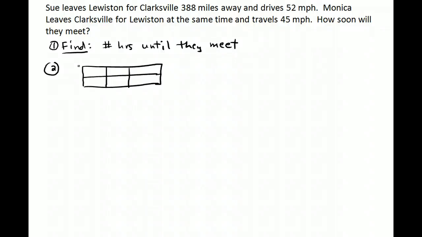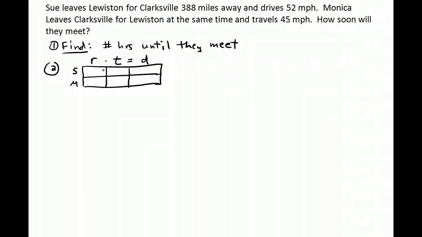Now, step 2 is going to look different than it has for other problems. I have Sue and I have Monica. I am going to make a table, a little chart here, a row for each person that's traveling, and along the top I'm going to have rate times time equals distance.